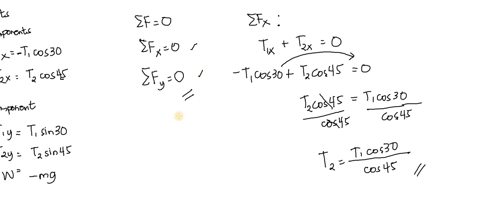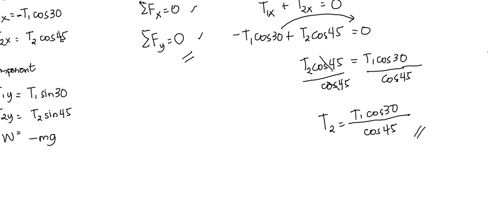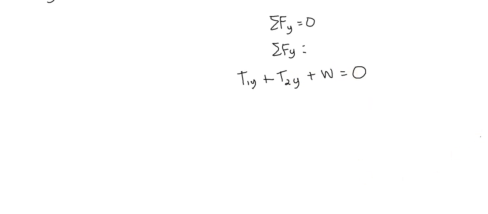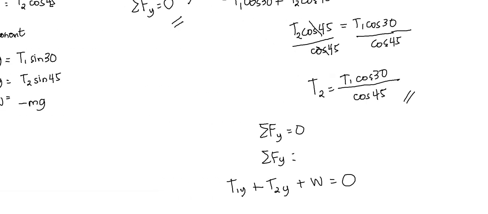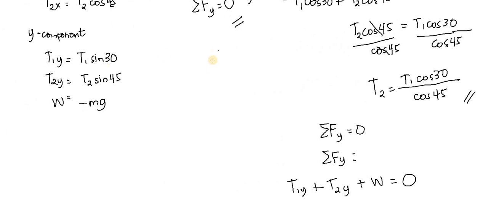Next, let's now use the summation of forces along the y. The summation of forces along the y is equal to 0. Therefore, the summation of forces along the y are the following: T1 sub y plus T2 sub y plus weight is equal to 0. How did we get that? For the y component, you just add all the y components, because it is the summation of forces along the y.